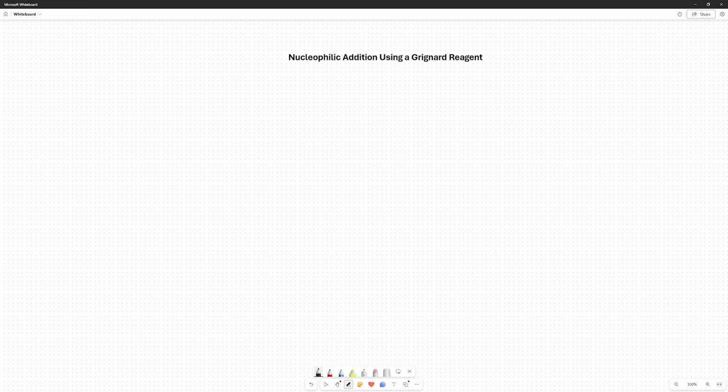So as I was kind of alluding to, this also works for aldehydes as well. It doesn't have to be a ketone. So let's just say we've got something like this.